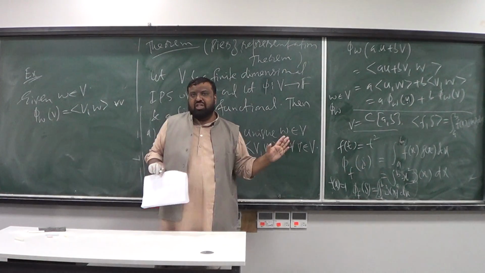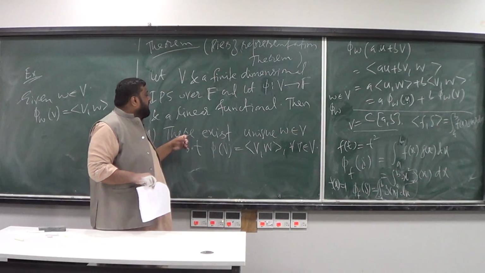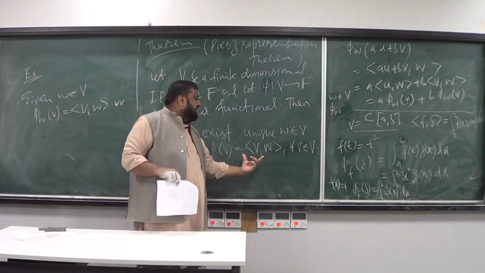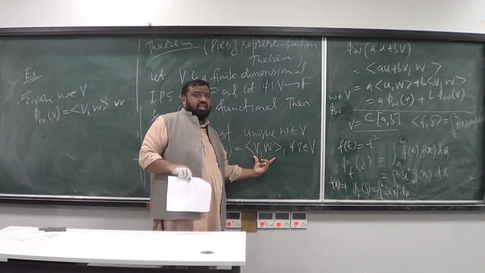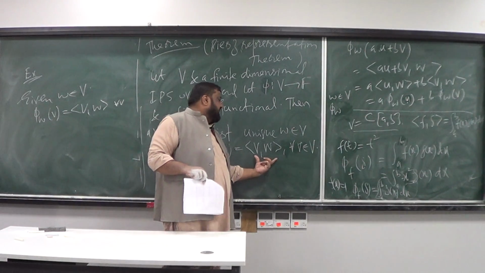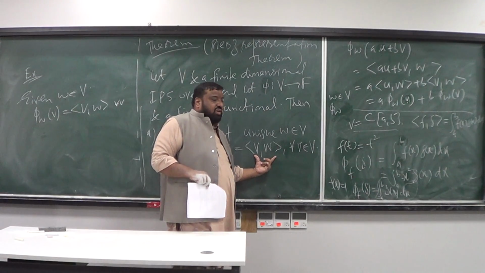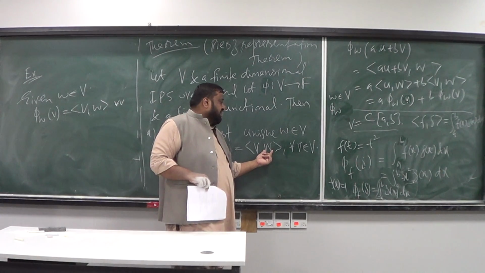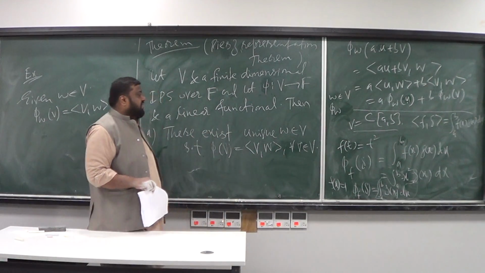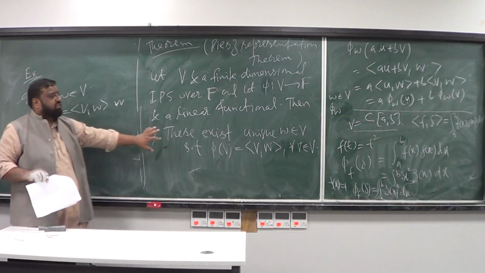Take any functional, no matter what functional you take, you can always find a unique w and you can always write it as an inner product. So every single functional can be written as the inner product with a fixed w, of any vector v. So you have to carefully see the difference between this and this here.